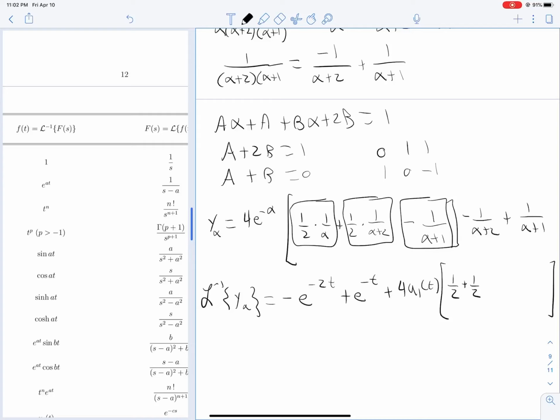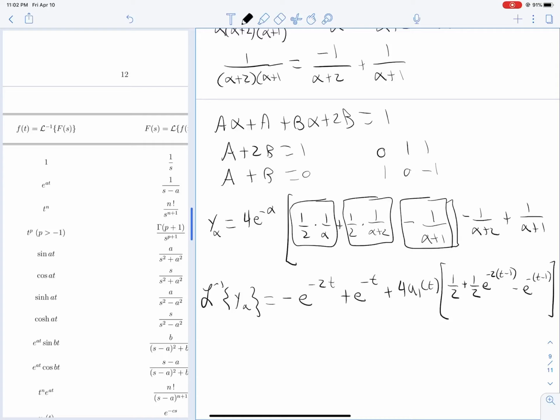Well, that's going to get inverse Laplace transformed back to e to the negative 2t. So we'll have e to the negative 2, and in place of t, t minus 1. And then finally, we will have negative e to the negative (t minus 1).